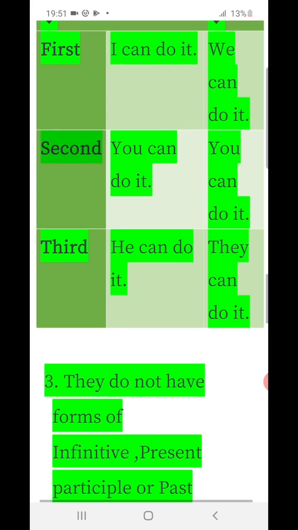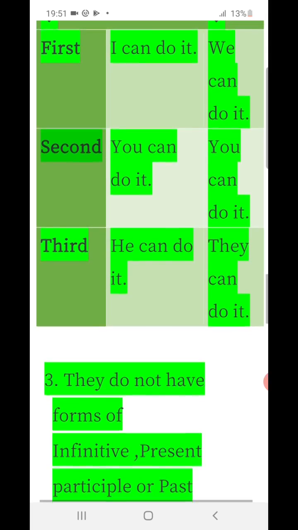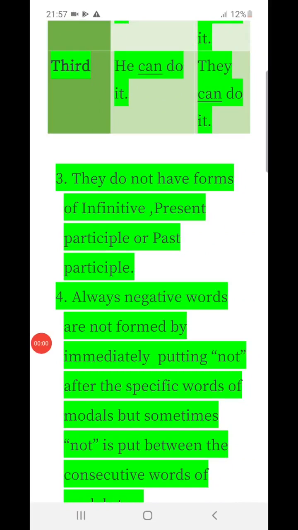But in both the cases, again, we are finding that can is remaining same. Number 3, they do not have forms of infinitive, present participle or past participle.